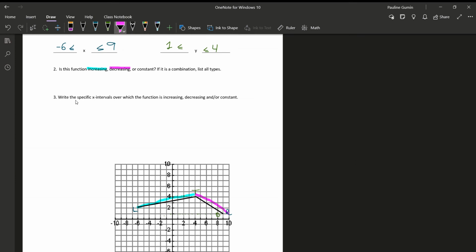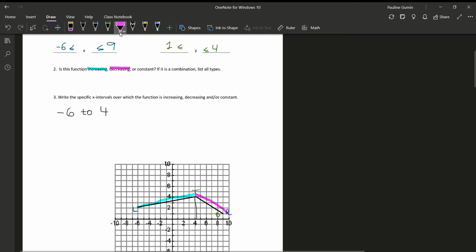Next, we're asked to write the specific x intervals over where the function is increasing, decreasing, or constant. So our increasing area is where I highlighted first. It begins at -6, and it goes all the way to +4.